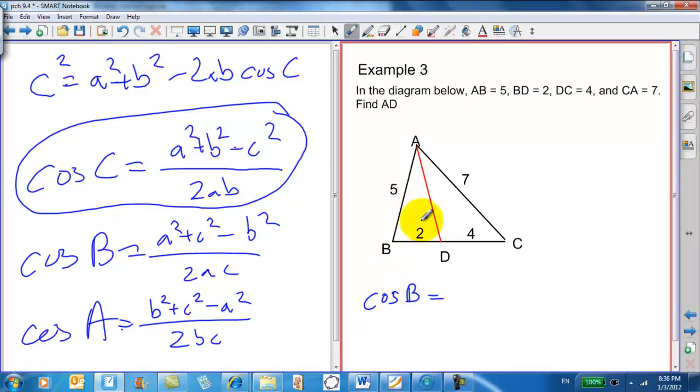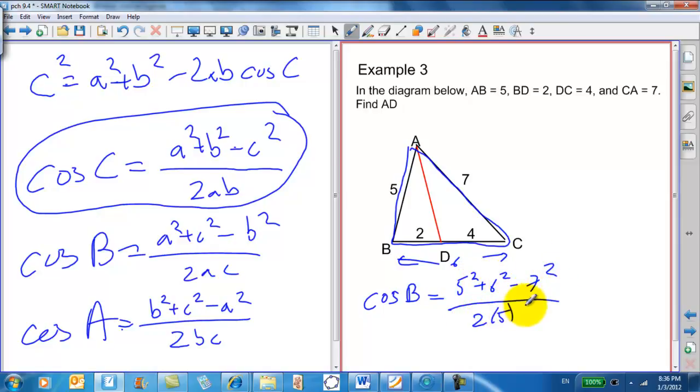should equal, and now remember, I'm going to focus on this blue triangle first, to say, and this side is 6 now, 5 squared plus 6 squared minus 7 squared all over twice 5 times 6. So we get that's equal to 25 and 36 minus 49 all over 60.